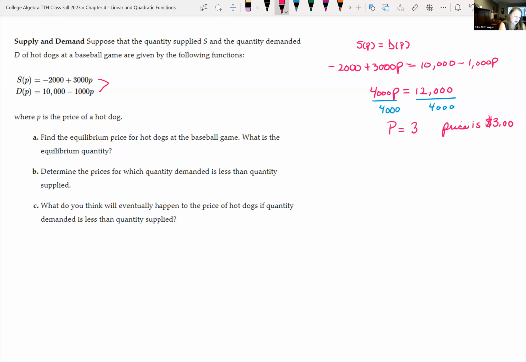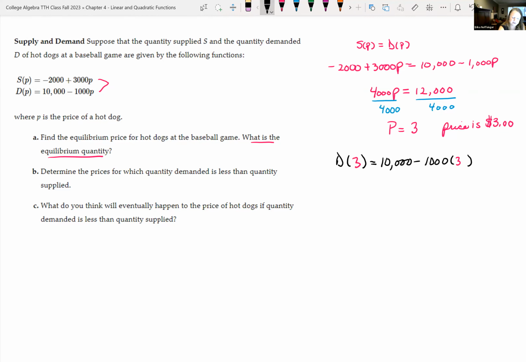We want to find out what the equilibrium quantity is. We can plug that into either one of those equations. If I plug it into the demand, D of 3 is equal to 10,000 minus 1,000 times P, but for P we're plugging in 3.